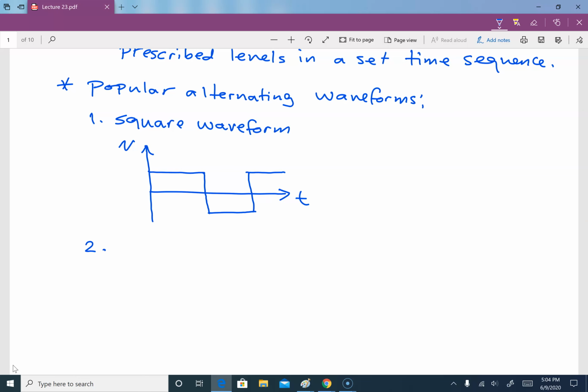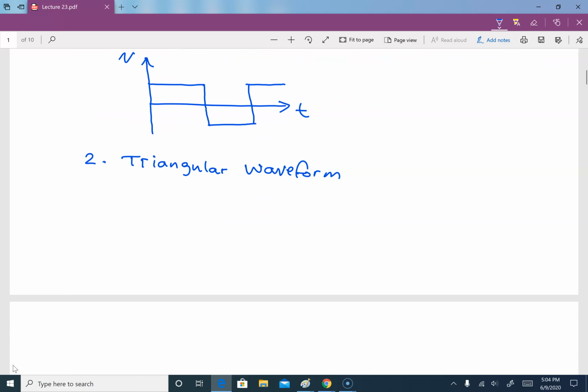The second one, that is triangular. And for a triangular waveform, we have it as this. That is the triangular waveform.